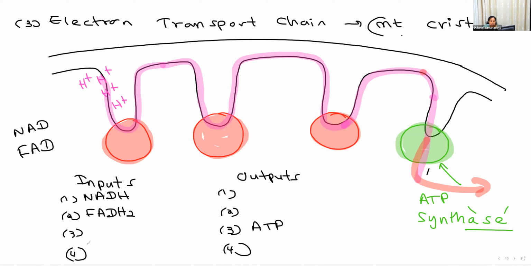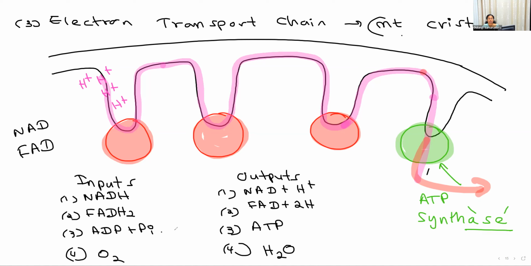And the last one is oxygen, going to be the final proton hydrogen acceptor to produce water. Right? Now you can write down whatever the unloaded version. These are dot points. You must know the inputs, outputs.